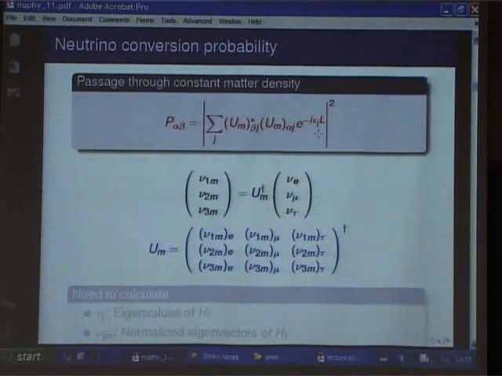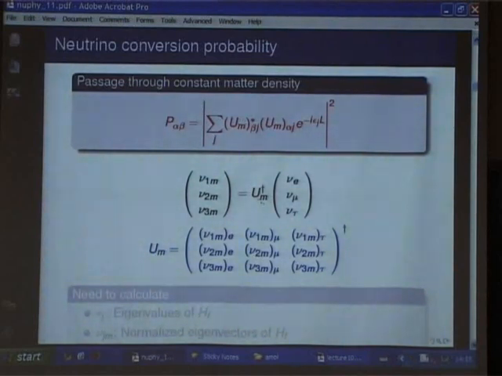You take HF, you diagonalize, you see the eigenvalues. That's simple. How to determine this mixing matrix UN? And this perhaps you know, right? You have normalized eigenvectors and you put them in columns to get your U matrix. So in some sense it's like this.